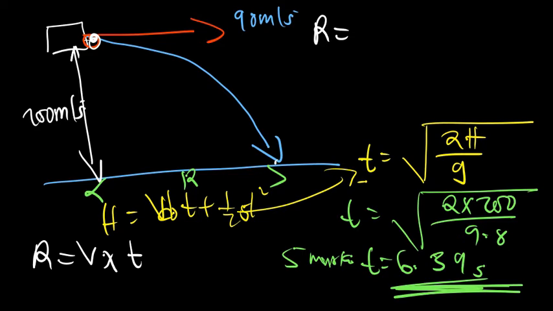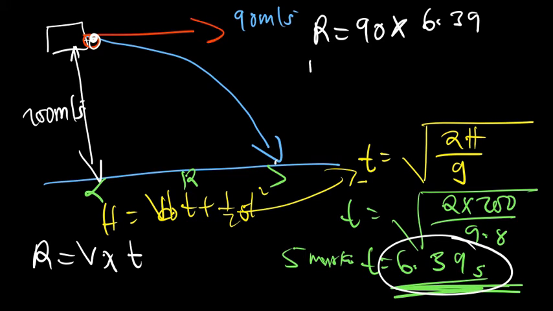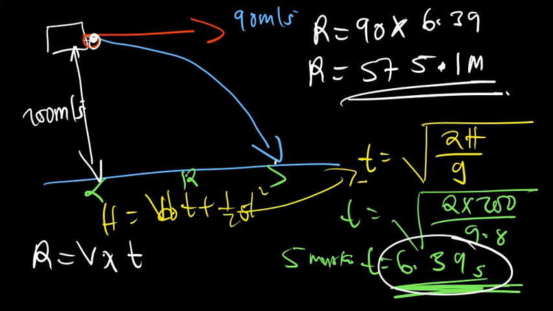Times the time, which is the time you have found here, guys. Don't forget, the time is 6.39. So our range will be 90 times 6.39, as simple as that. That is 575.1 meters. 5 marks, just doing that. I don't think there is anything difficult.